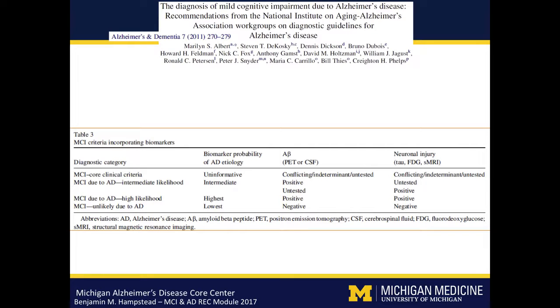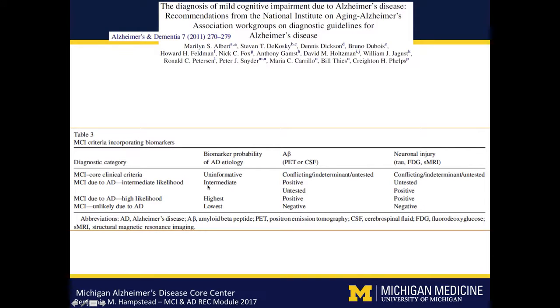So here were some of the first efforts where, if the participant met those core clinical criteria but you didn't have access to, or had non-definitive evidence of, amyloid or neuronal injury, the tau, then the biomarker probability was uninformative.